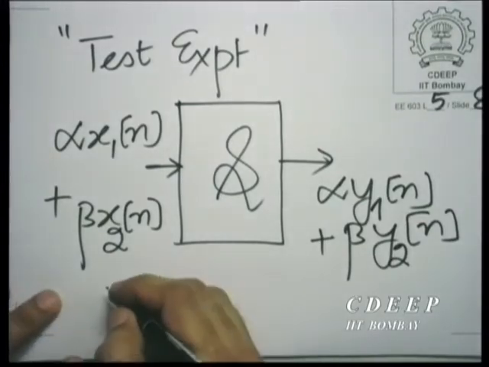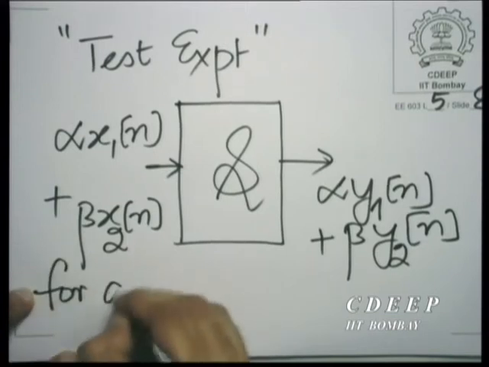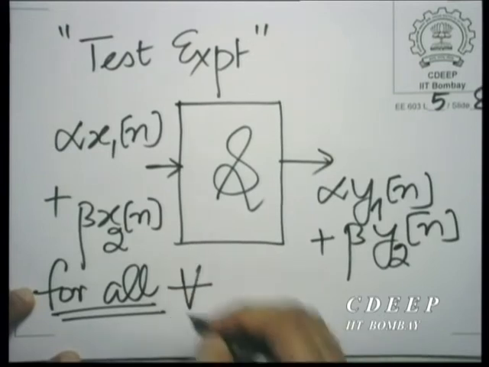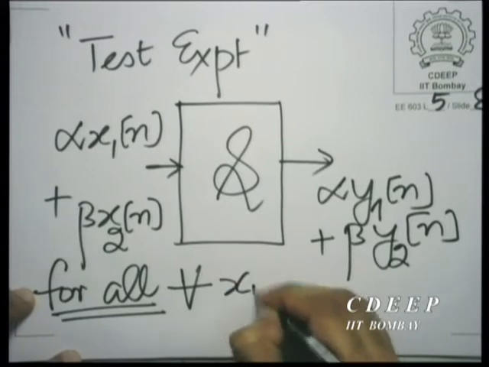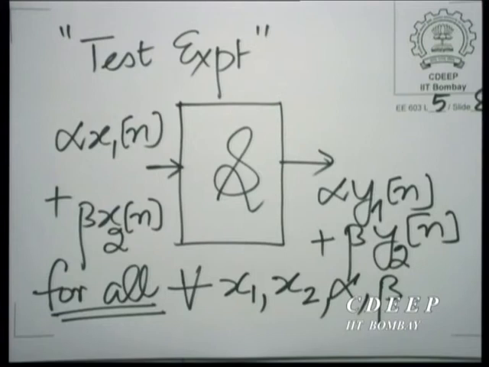and this holds, now I bring in one more notation to denote for all. For all x1, x2, alpha, beta. Alpha and beta are in general complex constants, x1[n] and x2[n] are in general complex sequences.